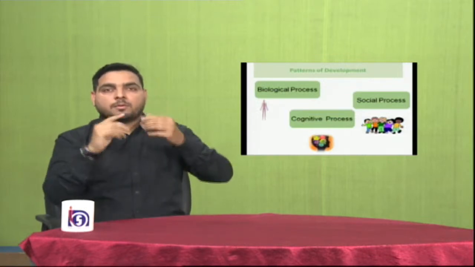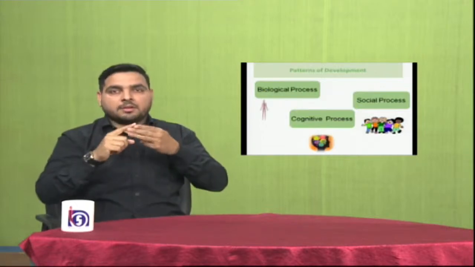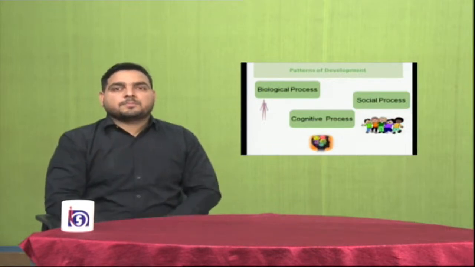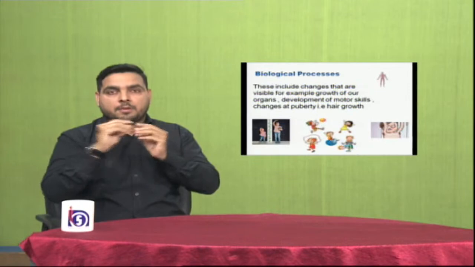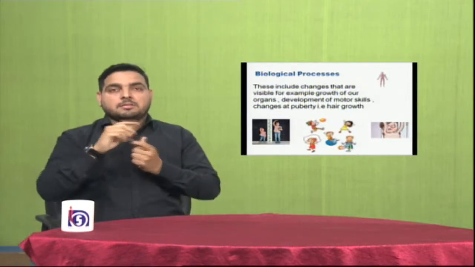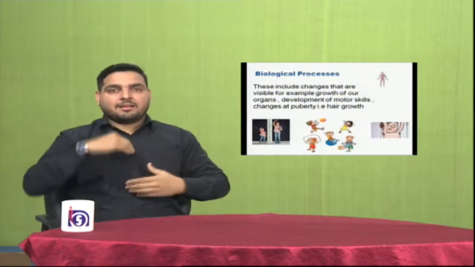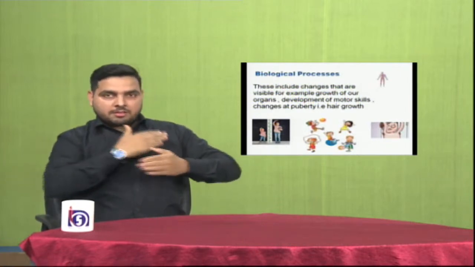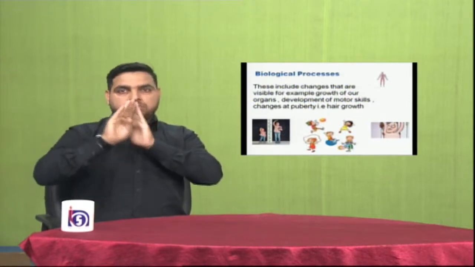First is biological process, which consists of different changes in our body, which I will explain further. The biological processes include changes that are visible, for example, growth of our organs, development of our motor skills, changes at puberty, for example, hair growth.